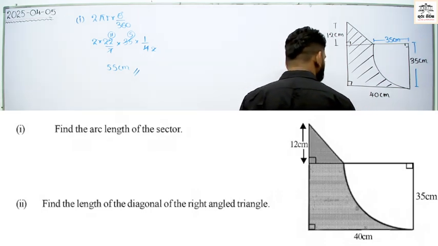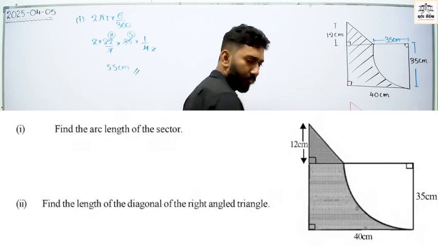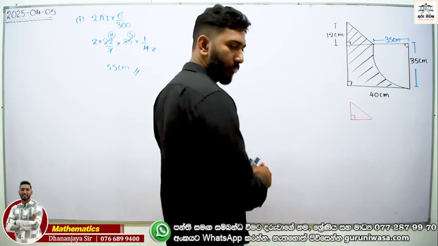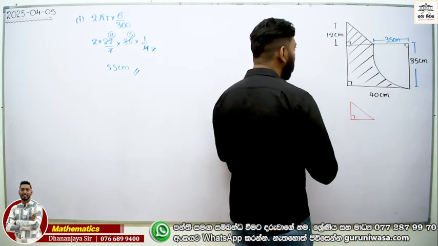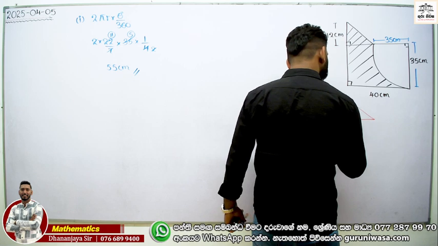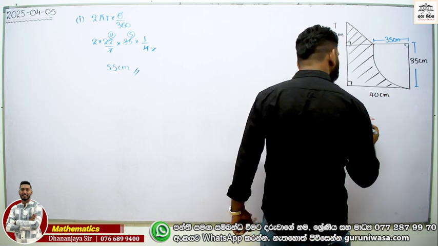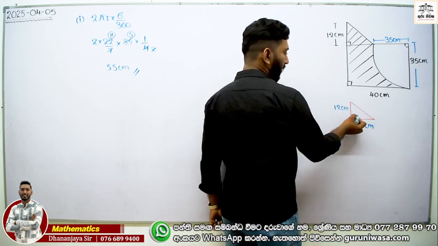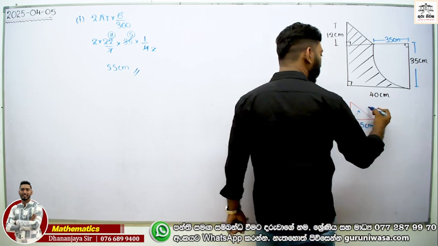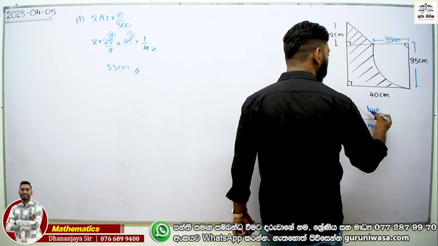Look at this. Therefore, this one becomes 12 and this one becomes 5. This is what we call the hypotenuse, right?